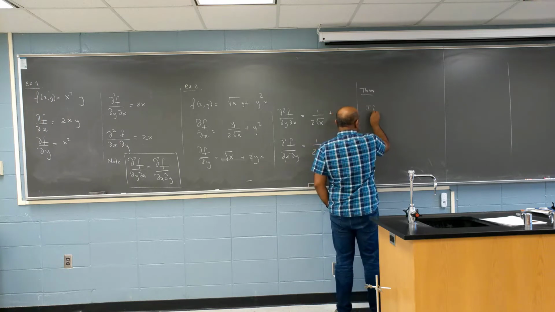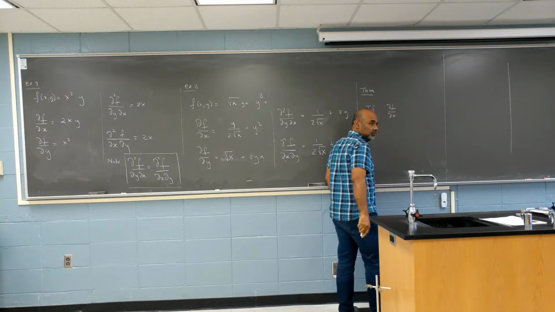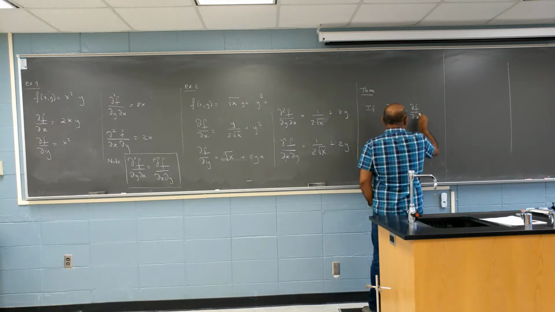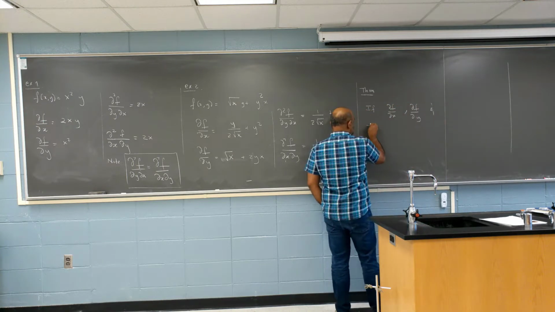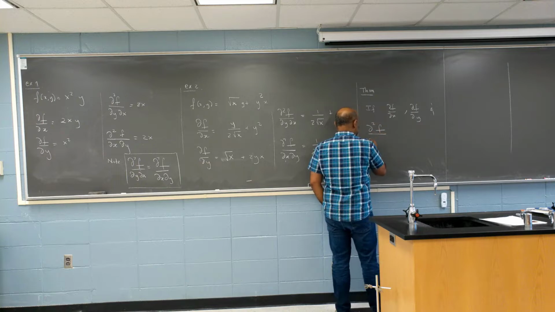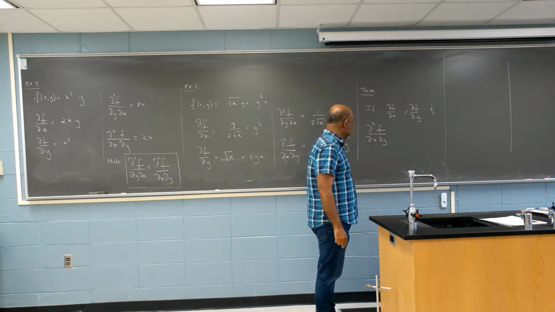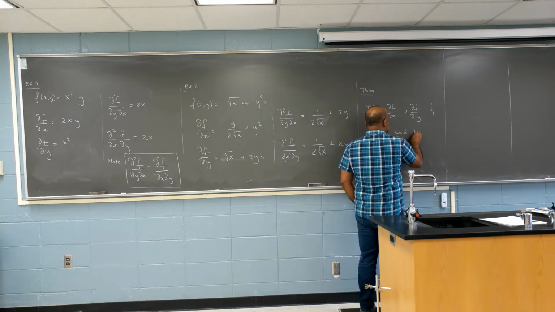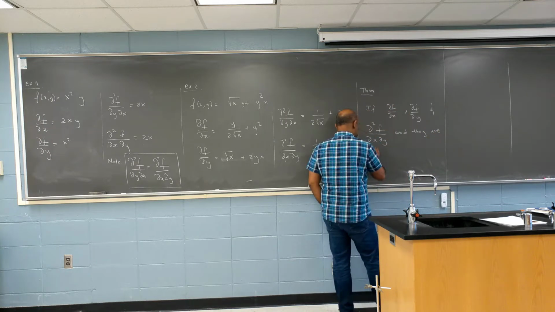If this exists, this exists, and this exists, and they are continuous. What does that mean?